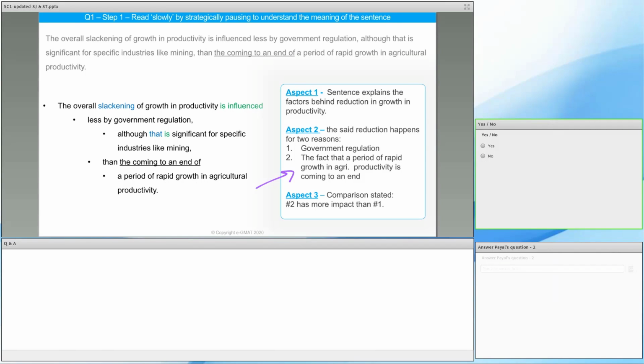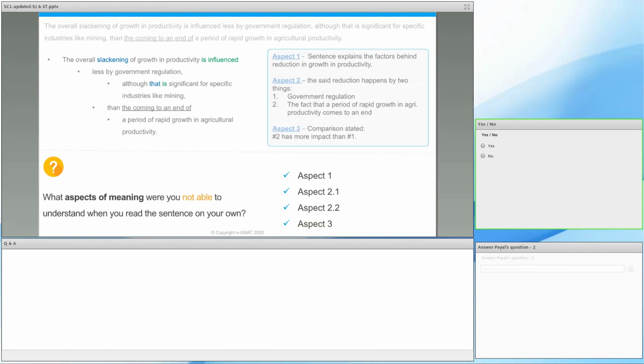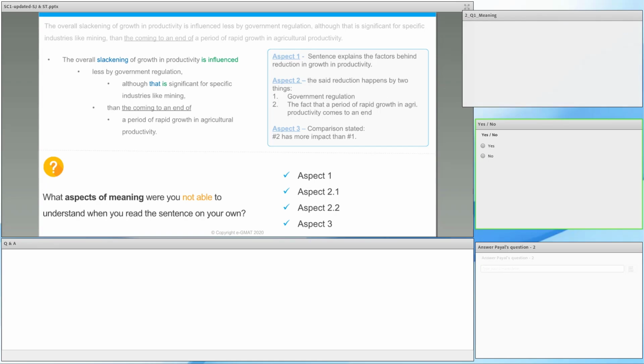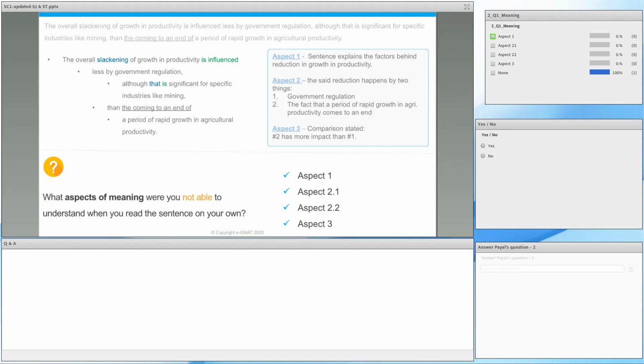Now, my next question for everyone is about these main ideas that we pulled out. Was everybody able to pull all of these main ideas out? If not, how many of you missed one of these aspects? I'm not going to broadcast the results, but let me know in this poll, did you miss aspect 1 that talked about the factors behind productivity?